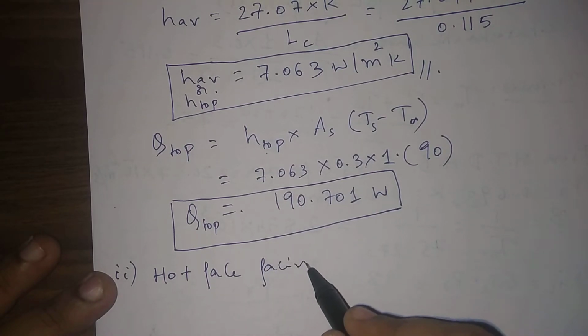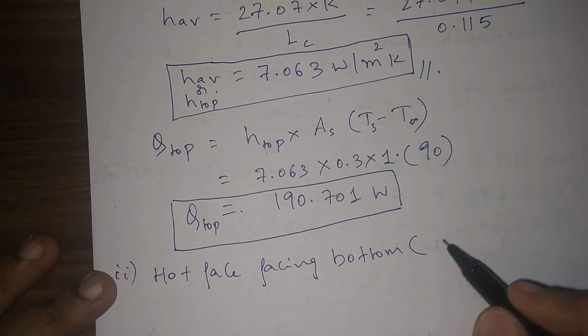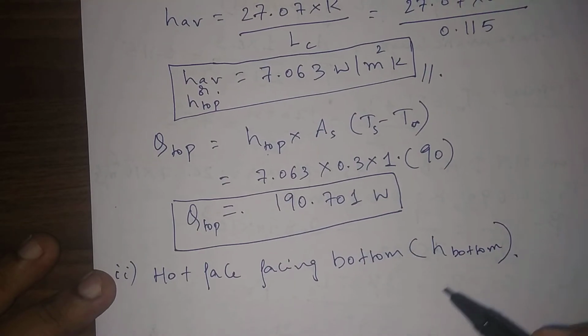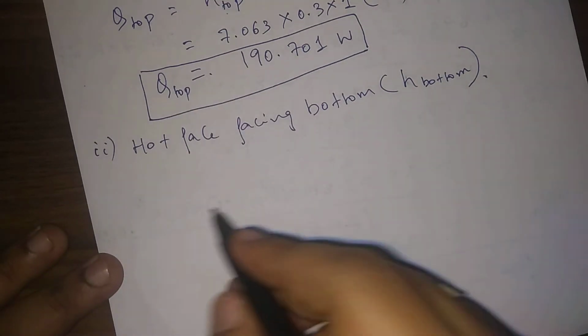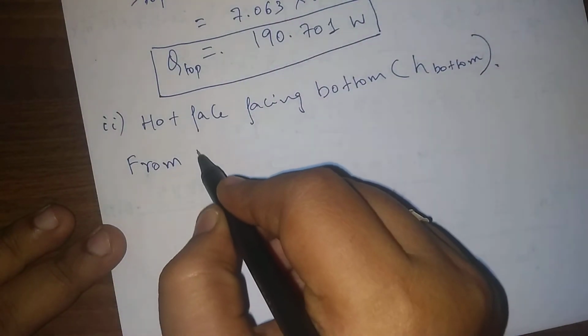facing bottom, or you can write it as H bottom. So how are we going to calculate? All the other things are the same, only the correlation changes. From the heat transfer data handbook, please write this.